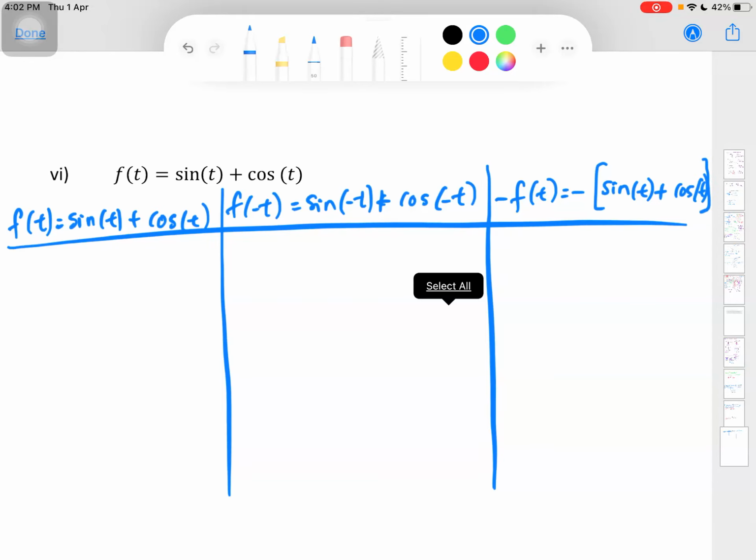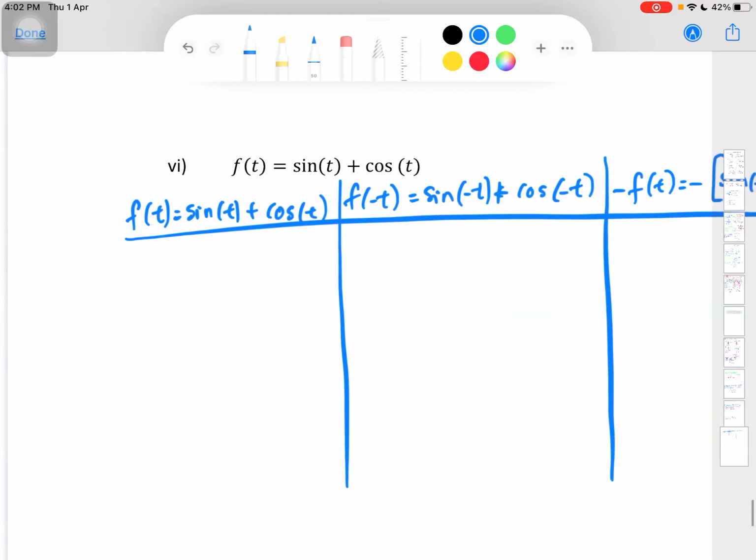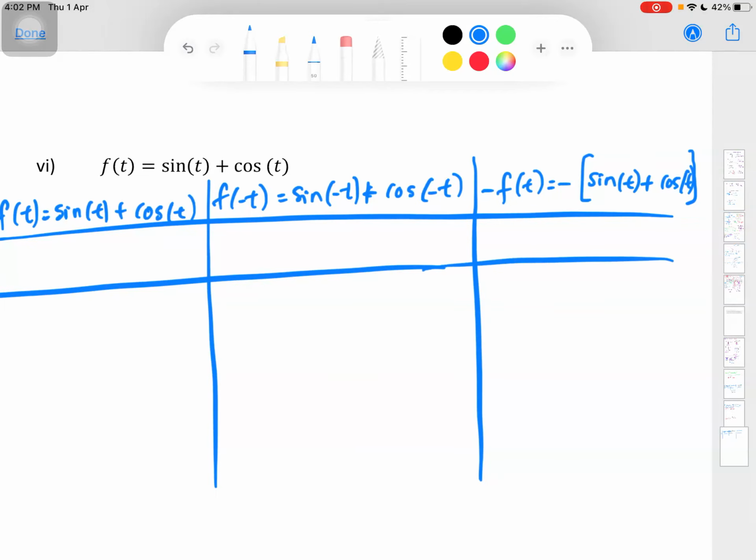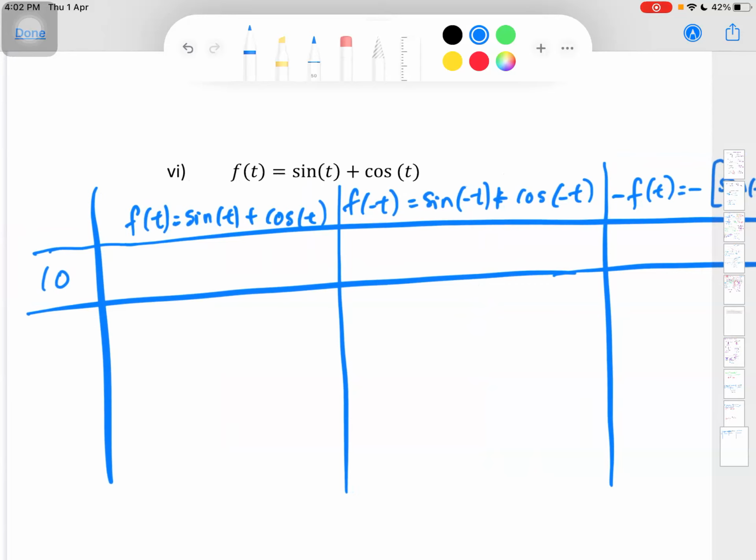Okay, now let's say we use t equals to 10. So take our calculator and let's calculate sine 10 plus cosine 10. We get 1.158.